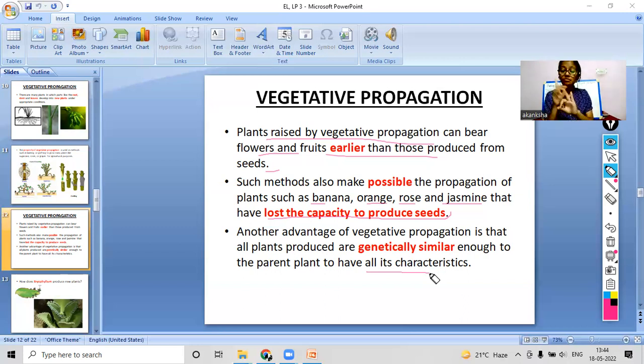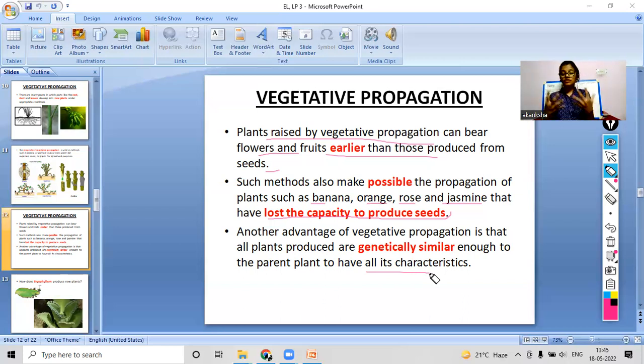And the third main point is that plants produced through vegetative propagation are genetically very similar to the parent plant, and they have all the characteristics that the parent plant has. So these three are the main advantages of this vegetative propagation method, right?